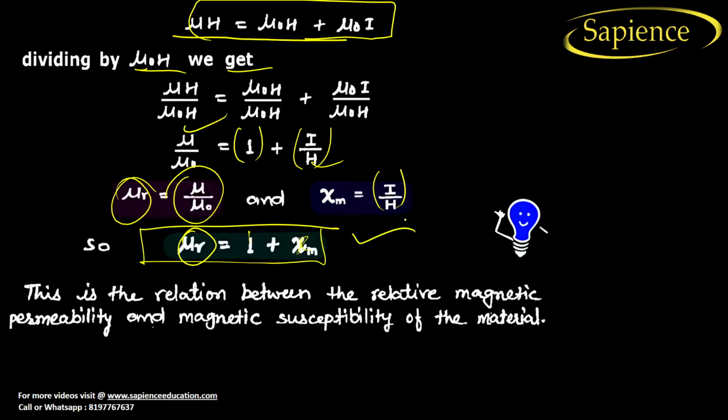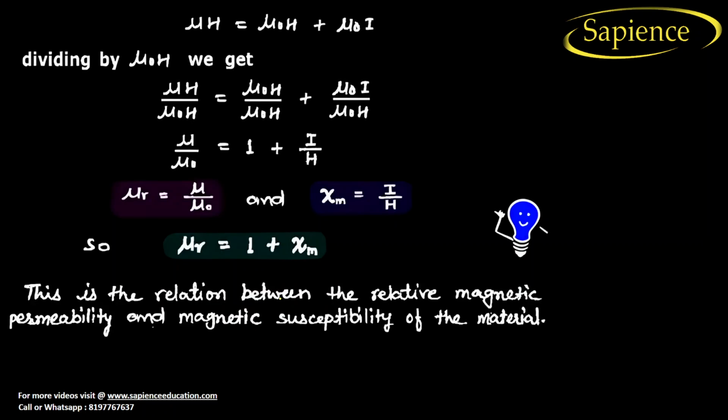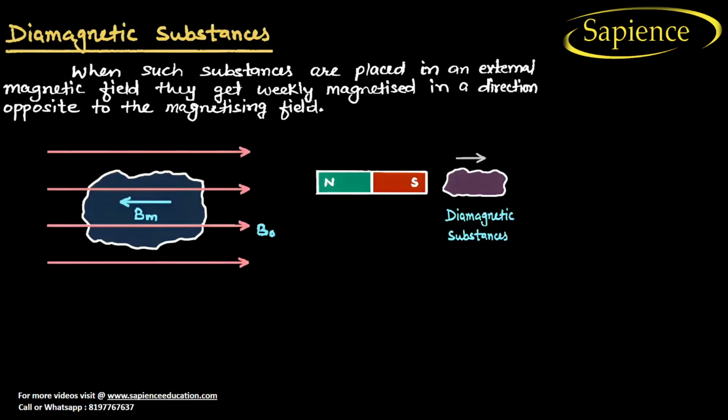From here we get the relation between the relative magnetic permeability and the magnetic susceptibility of the material. I hope you have understood this whole derivation. This is very important: susceptibility plus 1 is equal to relative permeability.